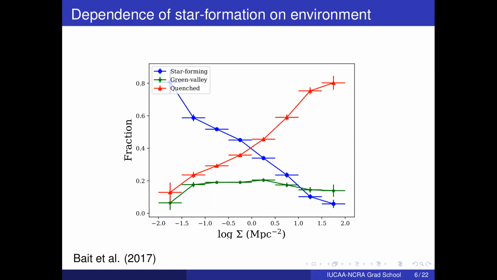Now, at what redshift will the peculiar velocity dominate over the cosmological velocity? At low redshifts, you know that redshift is just V by C, correct?